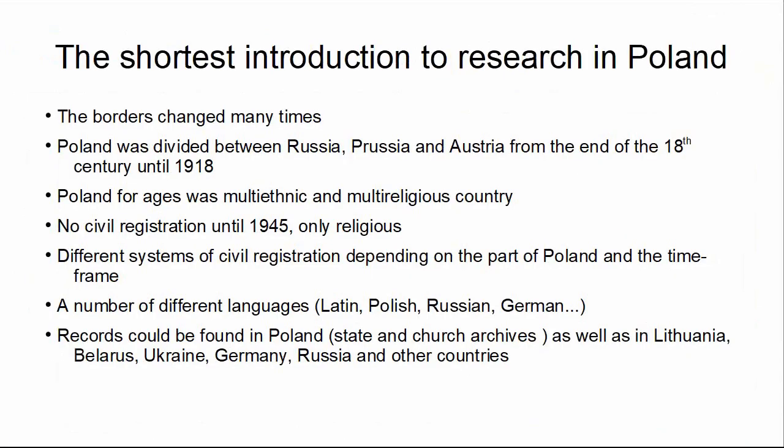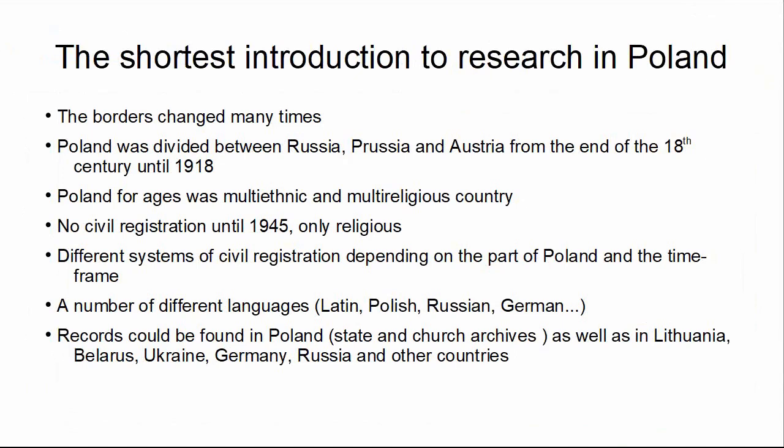There are a few consequences of this dynamic history for our research. First of all, the country was always, until 1945, multi-ethnic and multi-religious. So the documents from the Polish archives may also, excuse me, be interesting for researchers whose ancestors were German, Jewish, Ukrainian, Lithuanian, Belarusian, Armenian, etc., and could be Roman Catholic, Greek Catholic, Orthodox, Lutheran, Jewish, and others.